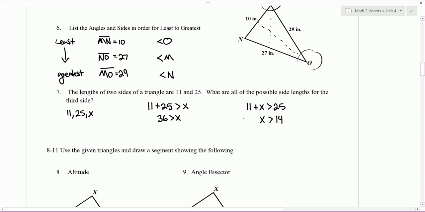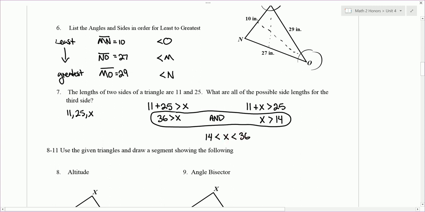And so putting these together, x needs to be bigger than 14, but at the same time smaller than 36. That right there would be our answer. We can condense that. If you put the smallest number on the left and the largest number on the right, this is a condensed version of that, saying x has got to be between 14 and 36.